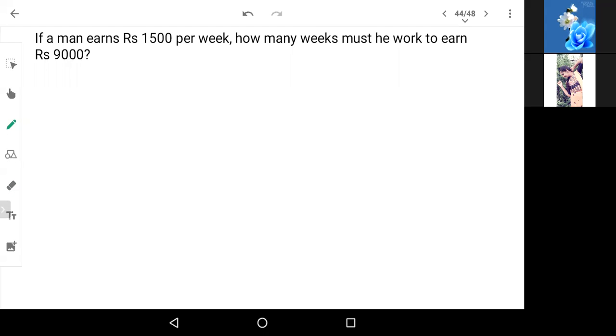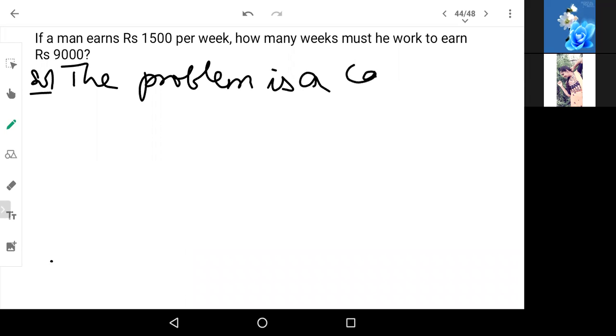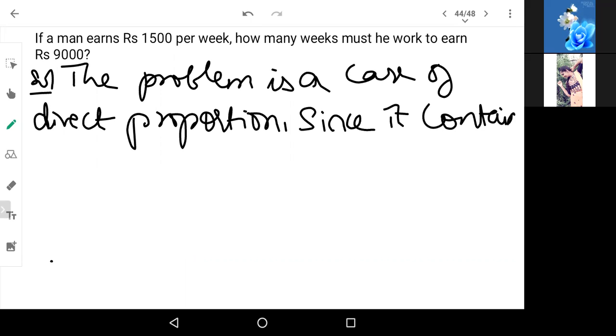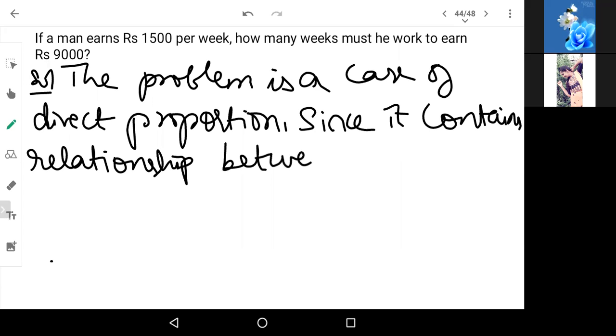Now write down. The problem is a case of direct proportion since it contains a relationship between earnings, that is the wages, and time worked.